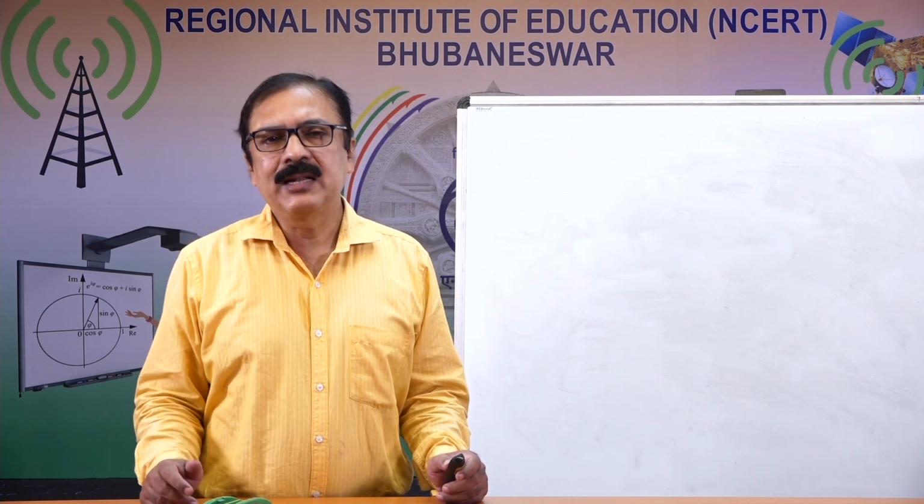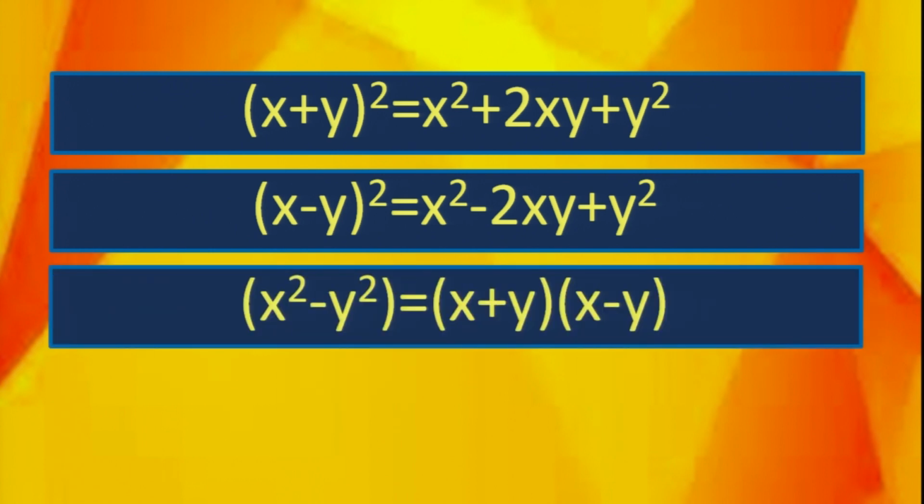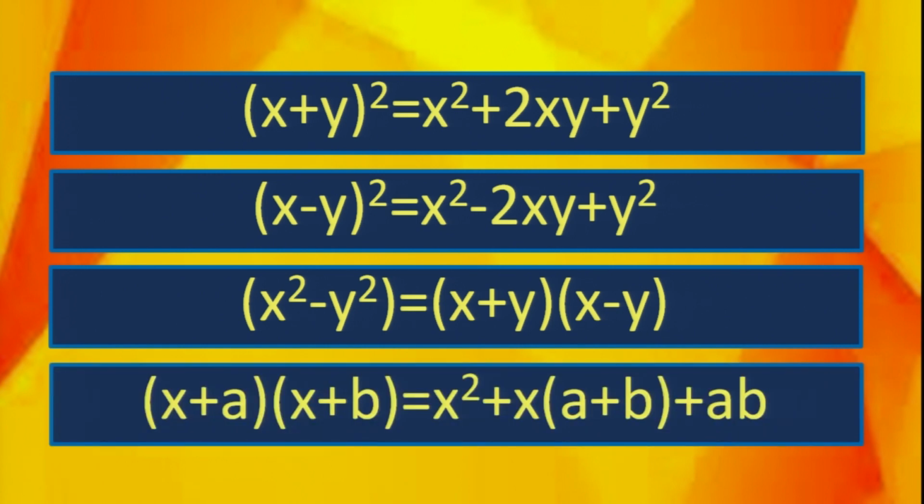Some more identities are: x minus y whole square is equal to x square minus 2xy plus y square; x square minus y square is equal to the product of x plus y and x minus y; and x plus a into x plus b is equal to x square plus x into a plus b plus a into b.